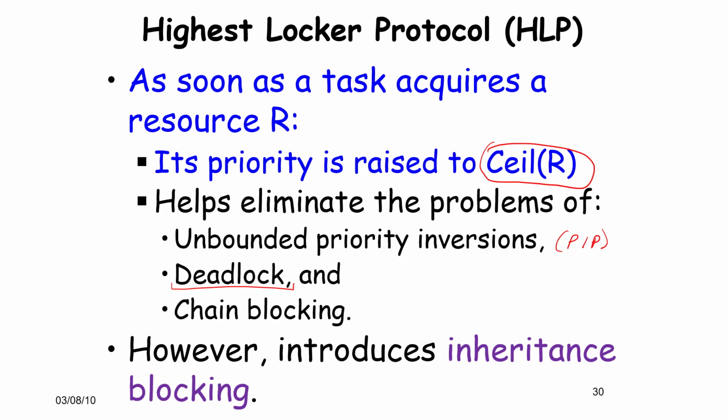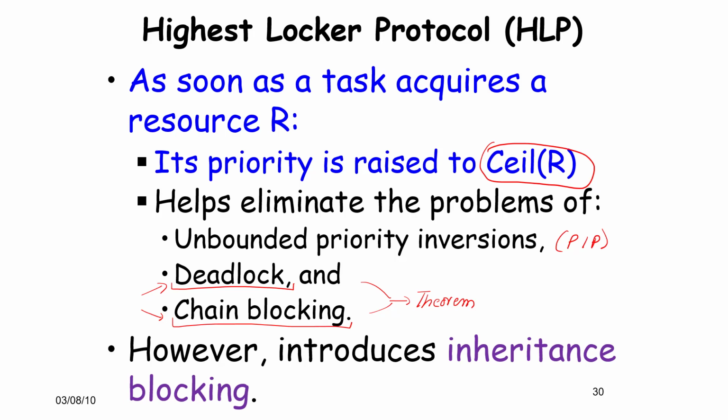Now, coming to chain blocking, again, the reason is the same: prior to acquiring the first resource, the rest of the resources have to be free. We'll introduce a theorem which will prove both the deadlock freedom as well as the freedom from chain blocking. So, we will discuss both.